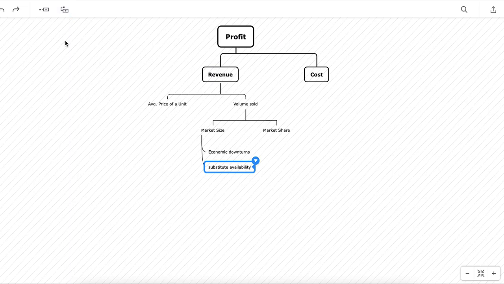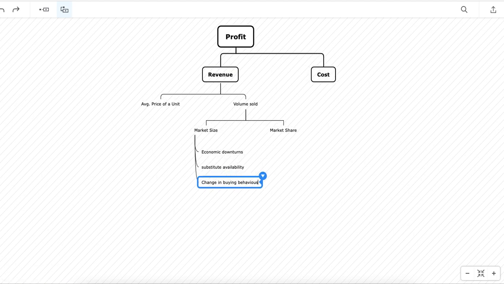And third, change in buying behavior. Now change in buying behavior is a peculiar case, and I'll give you an example. Say there is a recent trend of adopting more sustainable solutions, more healthy food. When it comes to healthy food, people are sometimes discarding the traditionally existing fast food. So that is how consumer behavior can change.